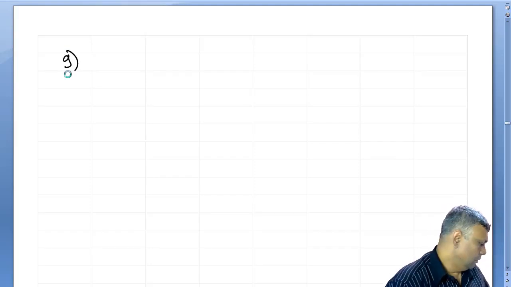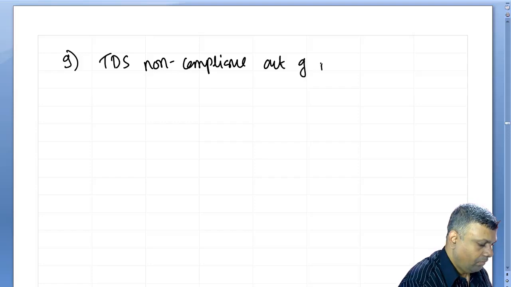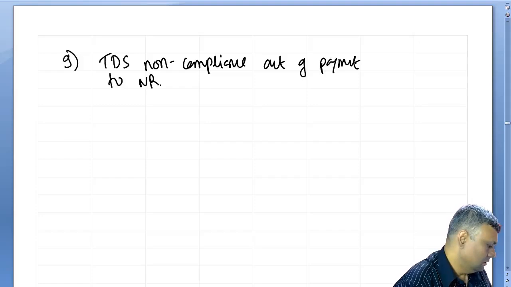Okay. Point number G, TDS non-compliance out of the payment to non-residents, you have to add 70,000.